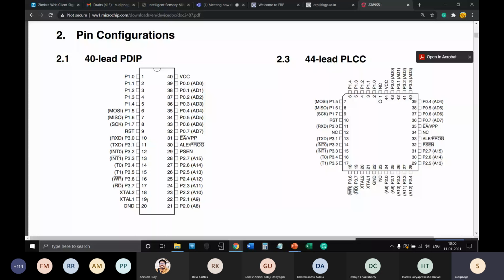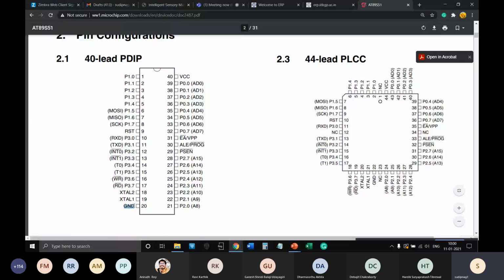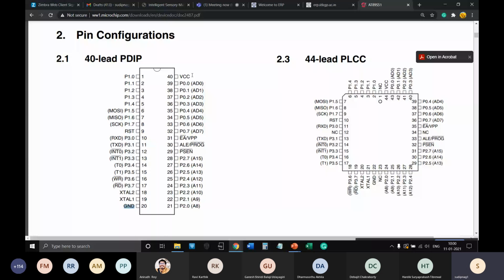VCC and ground are the two power lines, which are diagonal to each other to prevent short circuits. Today's microcontrollers are much smaller in form factor, but earlier people were not able to make smaller packages, so they were also using thicker wires, so there was a chance of short circuit. That's why diagonally opposite connections are kept for power.